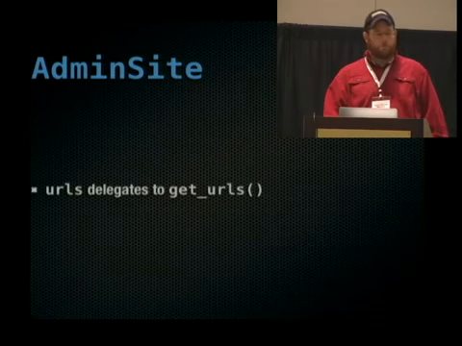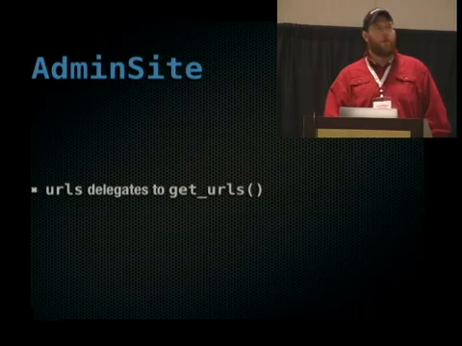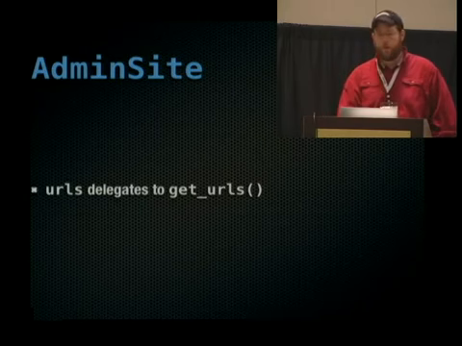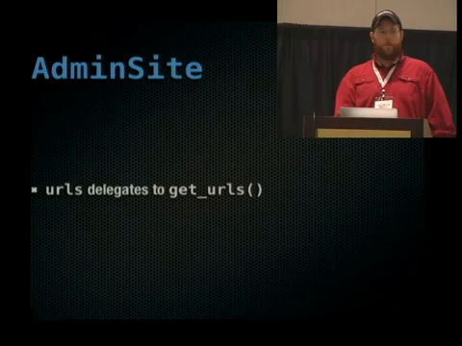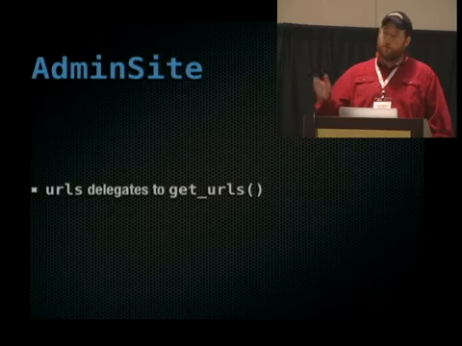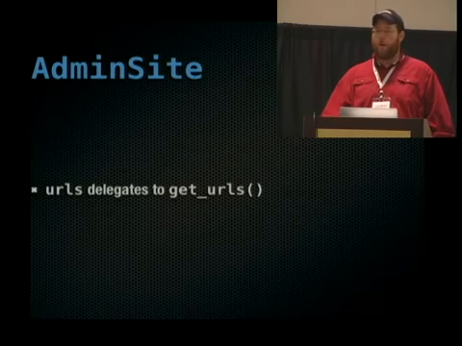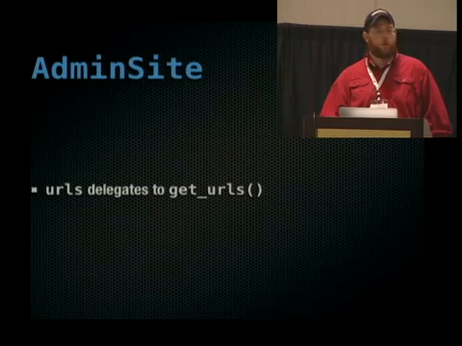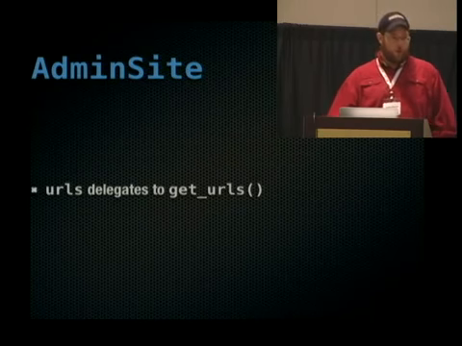Admin site has a property called urls that delegates to a method called get_urls. When I mentioned class-based views earlier, I said a class-based view can do its own URL resolution. The admin does its own URL resolution.